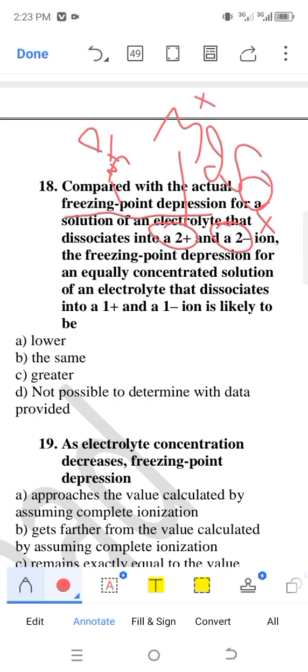This is 2+ and the SO4 is 2-. The freezing point depression for an equal concentration, so here we have to know that the concentrations are equal, of an electrolyte that dissociates into 1+ and 1- ions is likely to. So the following options is for the 1+ and 1-, compared to the 2+ and 2-. Like for example here NaCl.